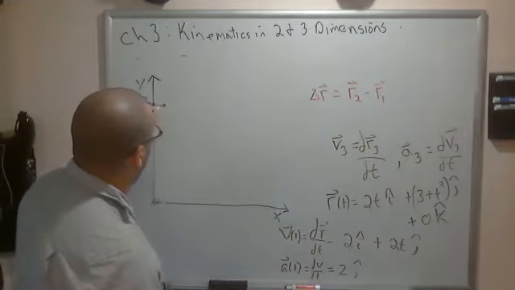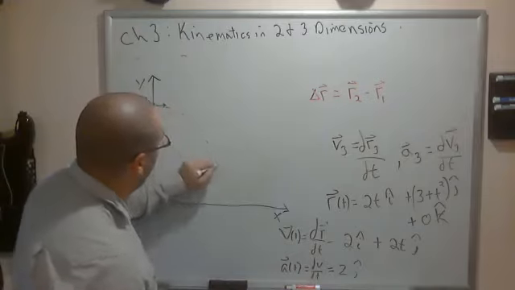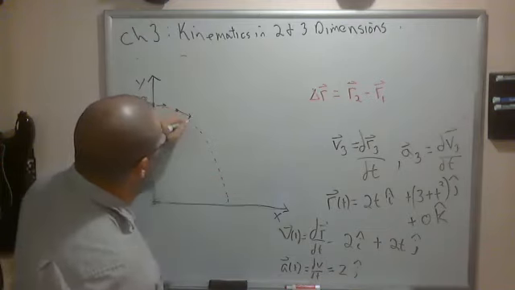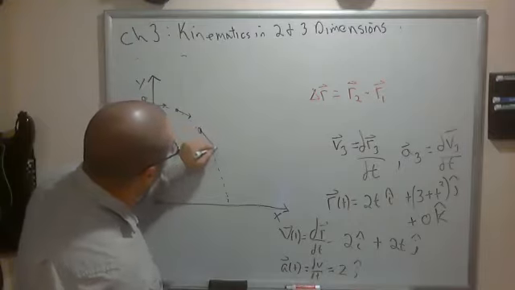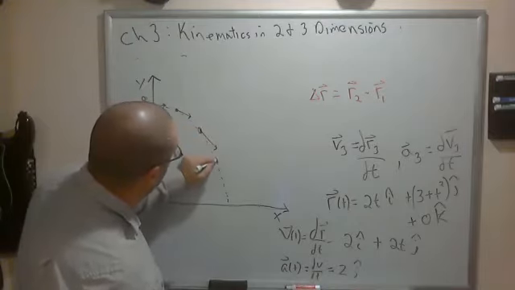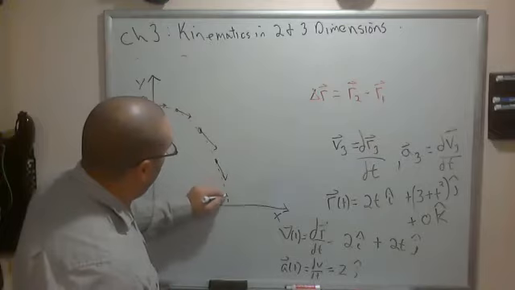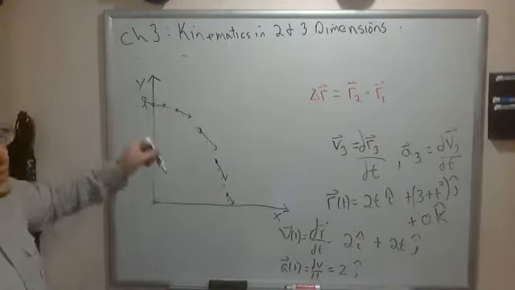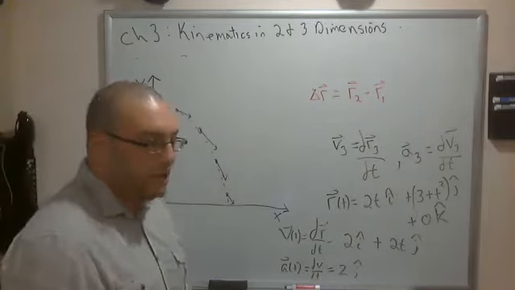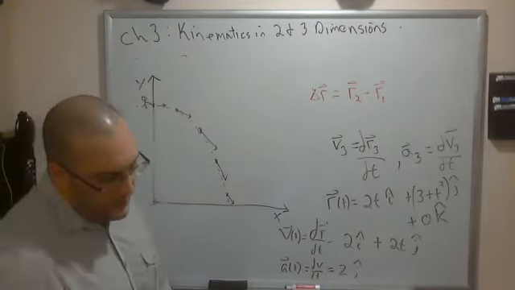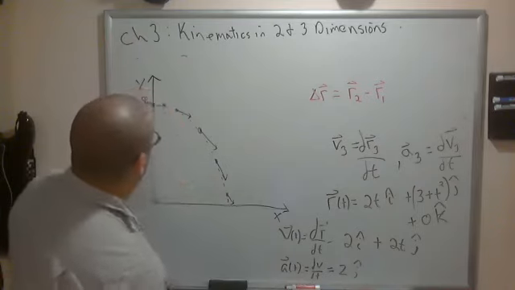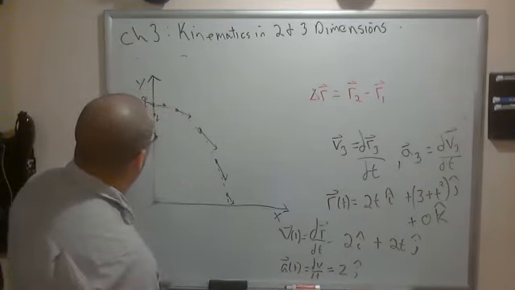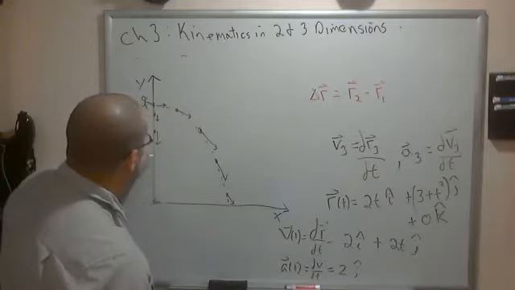If I draw the ball's motion, it would look something like this. Over time, at each position, if this is the velocity vector, it'll pick up velocity in the y direction, and the amount of velocity that it'll pick up in the y direction is the same as if we dropped it.